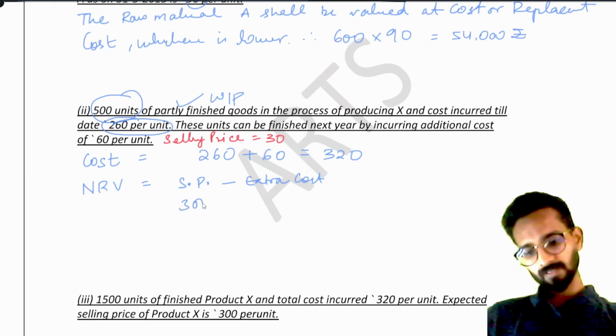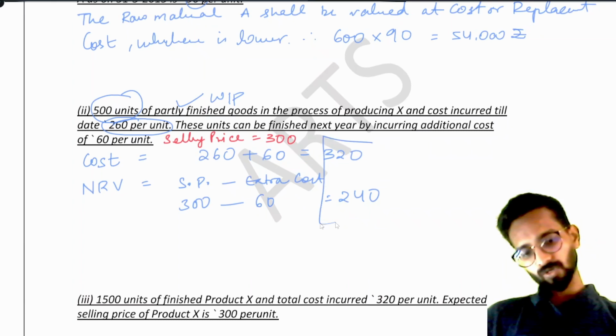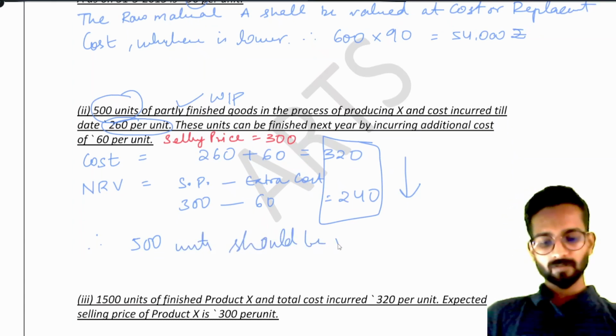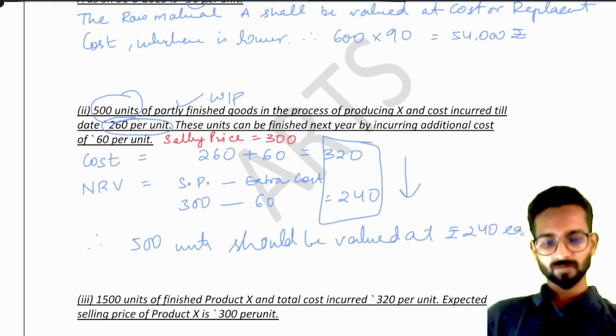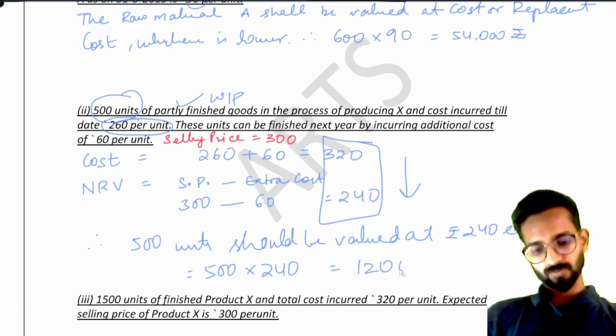Selling price is 300 minus extra cost 60, that is 240. So cost or net realizable value, whichever is lower. Therefore 500 units should be valued at rupees 240 each. That will be 500 into 240, that is 1,20,000 rupees. Simple enough.